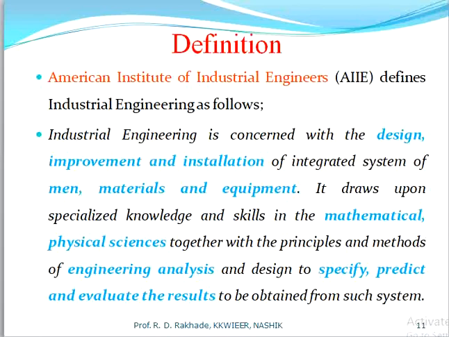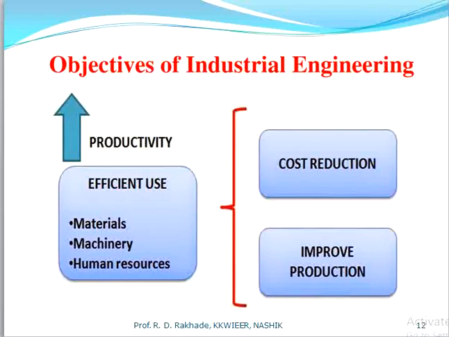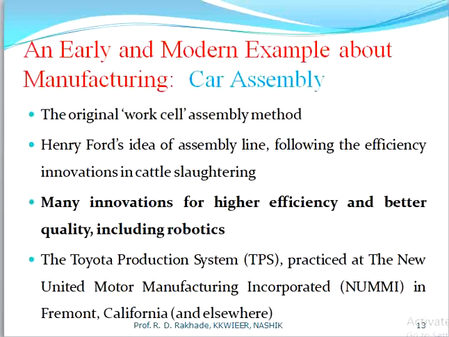It draws upon specialized knowledge and skill in the mathematical and physical sciences, together with the principles and methods of engineering analysis and design, to specify, predict and evaluate the results to be obtained from such systems. The objective of industrial engineering is the efficient use of material, machinery and human resources by reducing cost and improving production.